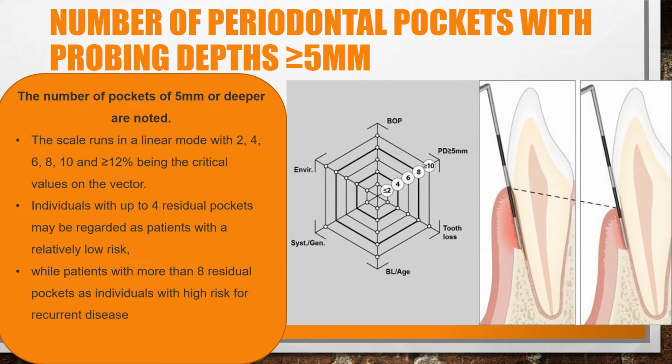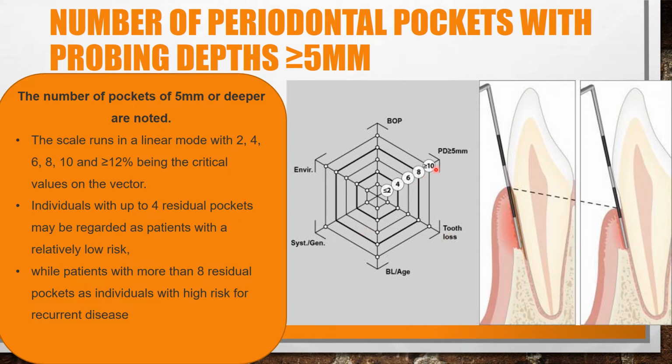Then comes the number of pocket depths with probing depths of 5 mm or greater than 5 mm. During a clinical examination, we have to assess each site for the pocket depth. When there is increased pocket depth, it should be noted. The scale runs in a linear fashion, you can see that it is 2, 4, 6, 8 and 10.